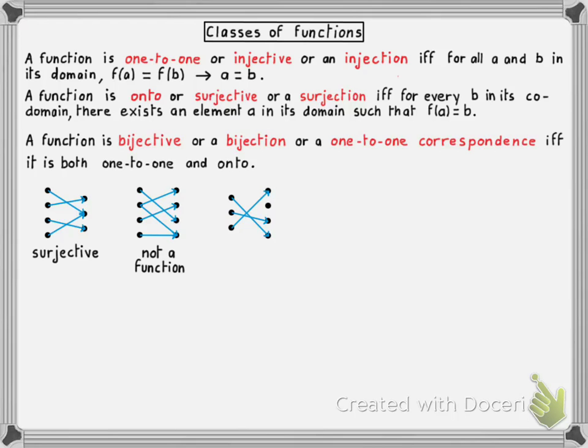In other words, there are no pairs of elements in the domain that have the same image. So it's an injective function. Is it surjective? The answer is no, because there's at least one element, namely this one in the codomain, that doesn't have a pre-image or doesn't have an arrow going into it. So this function is injective but not surjective, so it's not a bijection either. It's just injective.